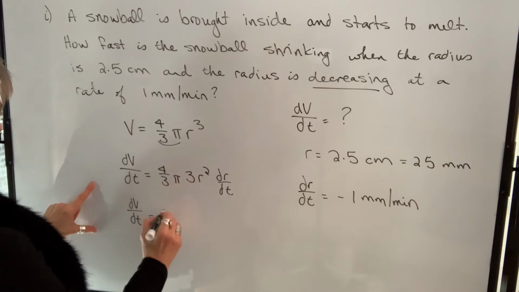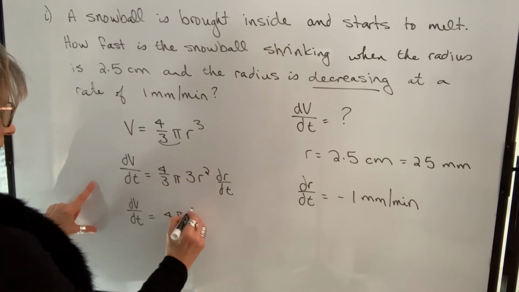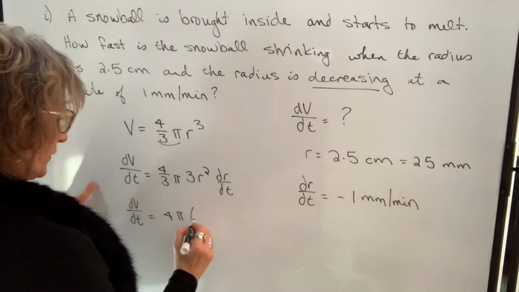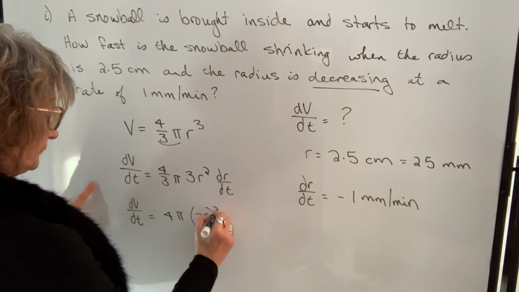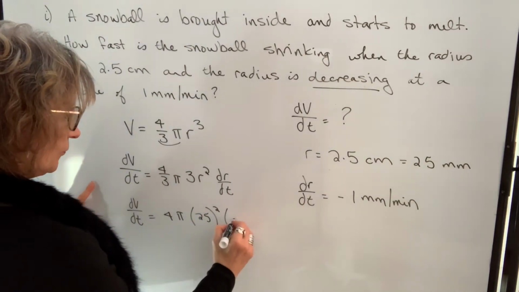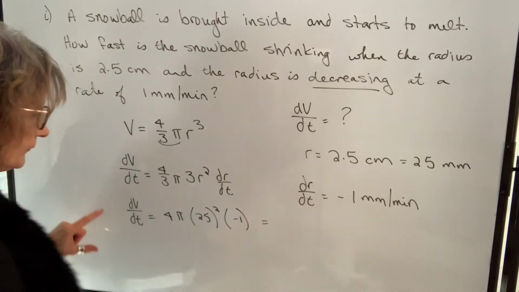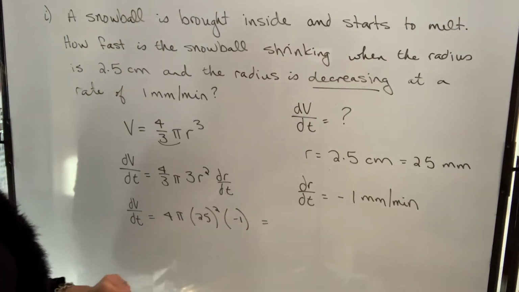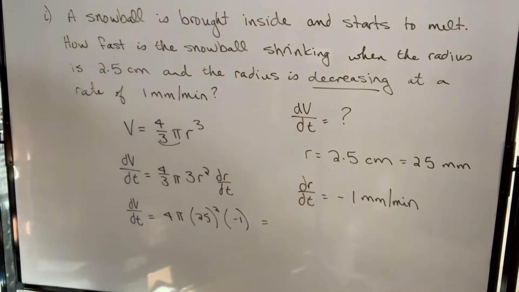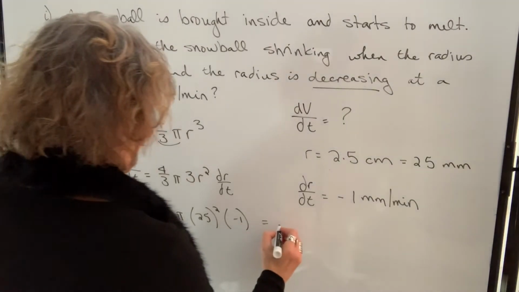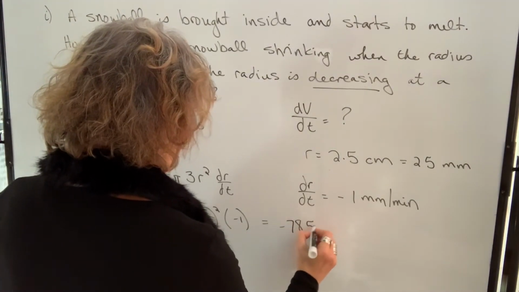The 3's will cancel, so we'll have 4 pi. r is 25. dr/dt is -1. And when we calculate this, we should get a value of -7,854.